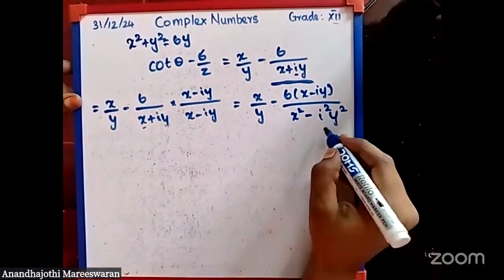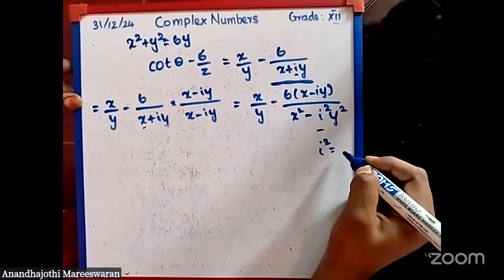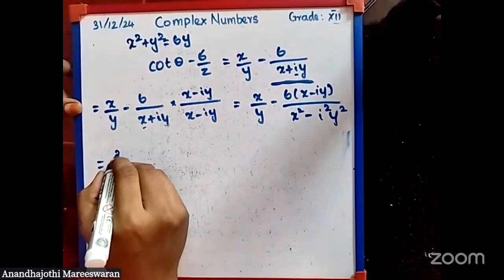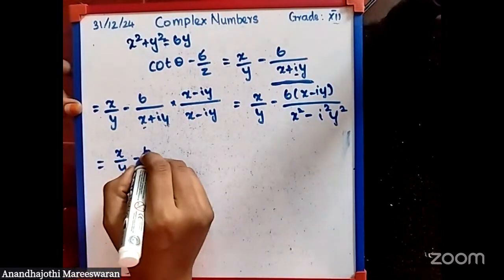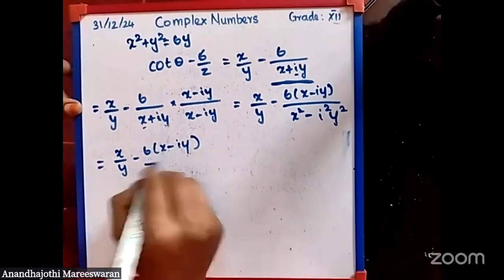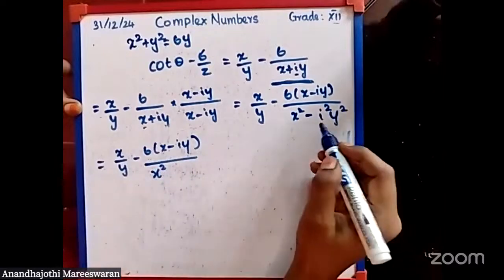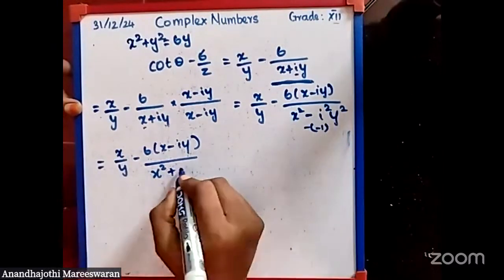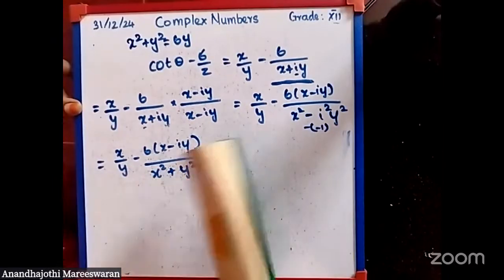What is the value of i squared? It equals minus 1. So x minus y minus 6 multiplied by x minus iy divided by x squared minus of minus 1 will be plus y squared, right?